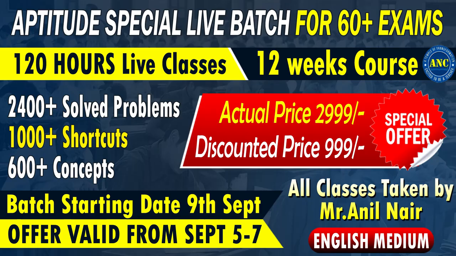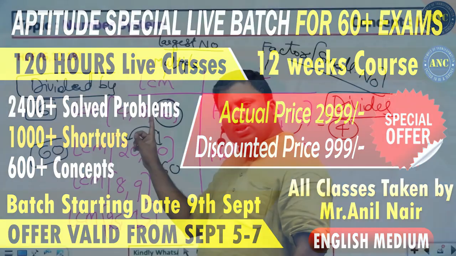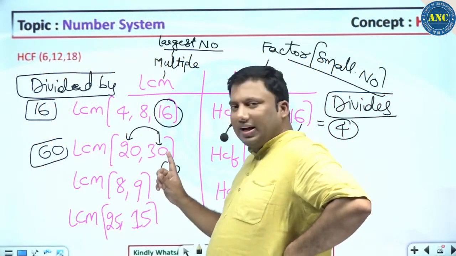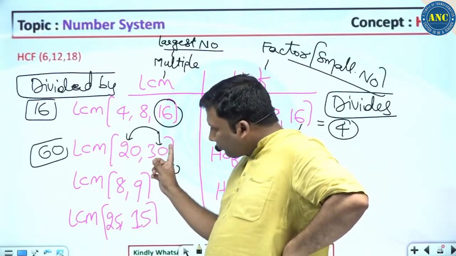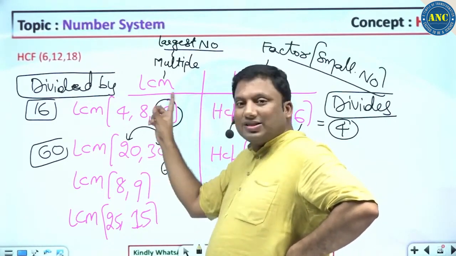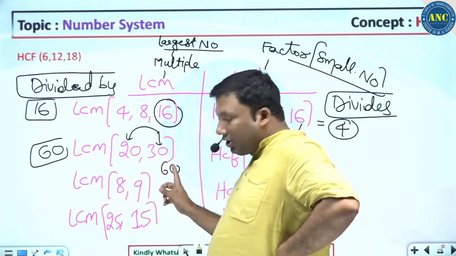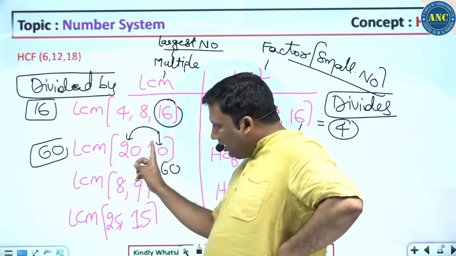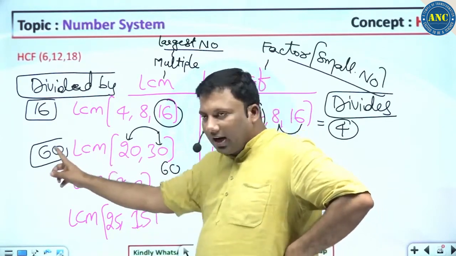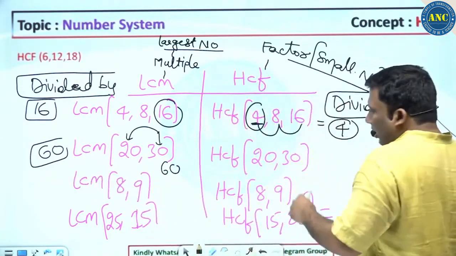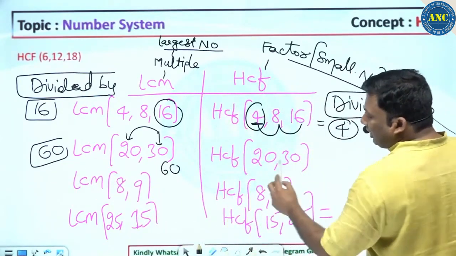Largest number should be divisible by every other number. If the largest number is not divisible by every other number, take the multiple because it is LCM. 30 is not divisible by 20. 30 times 2 is 60. 60 is a multiple of 20. Write down 60.